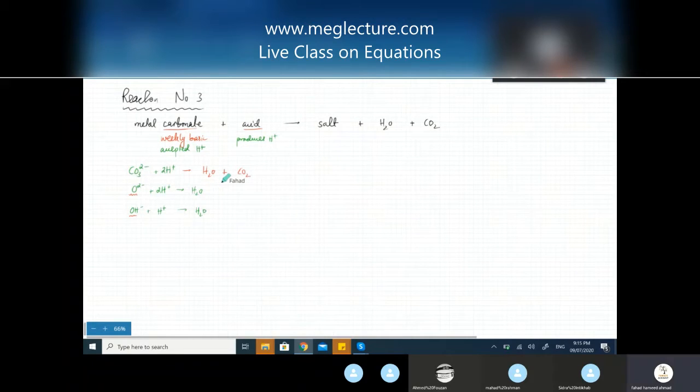So water and carbon dioxide are being produced over here, because carbonates are weakly basic. They have a tendency to accept H+ ions. You don't need to go into a lot of detail about this. You just need a basic idea of why carbonates, oxides and hydroxides are basic: because they accept H+ ions and end up forming water molecules.